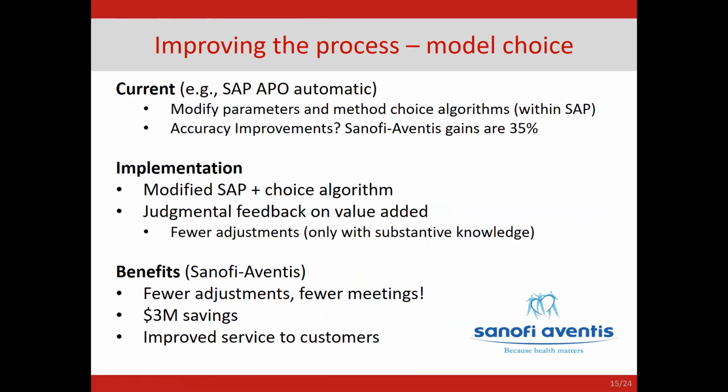First of all, check that the value is there, and eventually why we're doing all that. Because at the end of the day, we want to have the savings, for instance, we had in this particular project. Okay, so once you have done all this selection properly, you have the judgment working in place. The whole forecasting process essentially is now seamless in the software. You hope that you have essentially improved service to your customers.